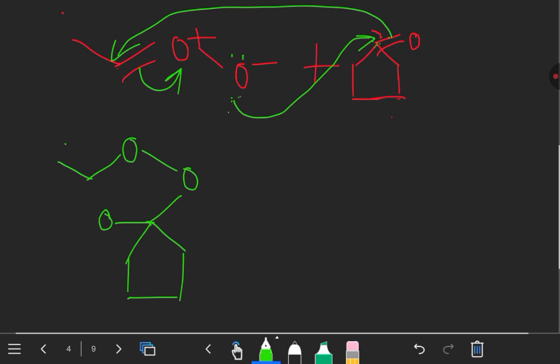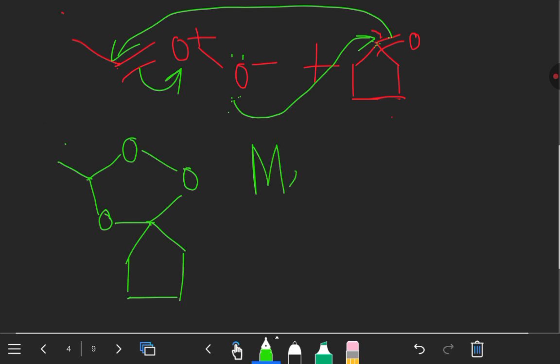Then there was a bond which formed between the oxygen and the carbon. So we formed this ring which we have here. Then the next thing that really happens is that there will be this methyl.